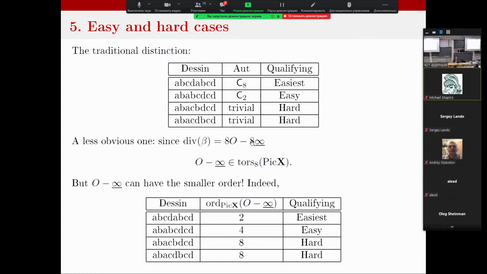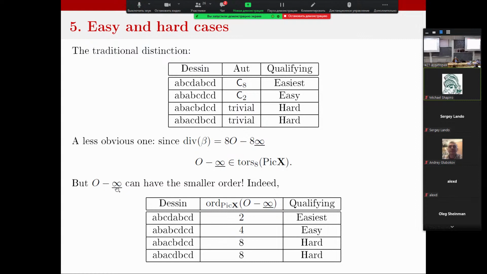And both have multiplicities exactly 8. And it means that the difference O minus infinity sits in the torsion subgroup of order 8 in the Picard group of X.